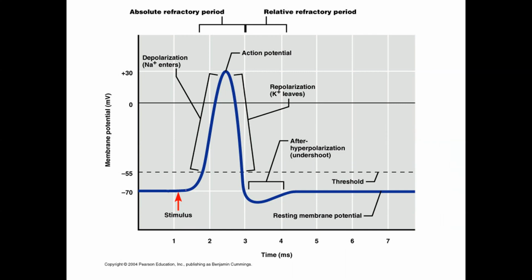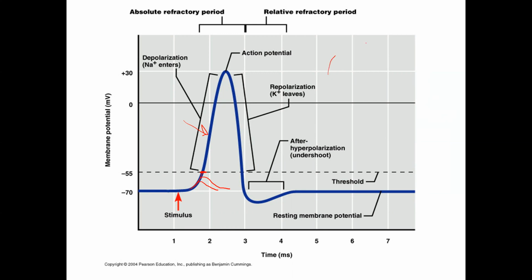Sodium moves in, but not enough, so it can pretty much die like this, back to resting. Or even if it goes a little bit more, it can die again. Only if it reaches minus 55, so enough sodium moves in, do the voltage gated channels open and we go all the way to plus 30, right?